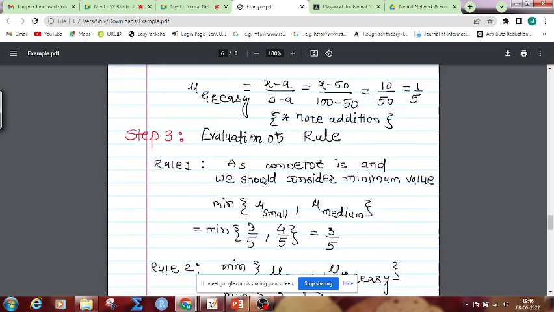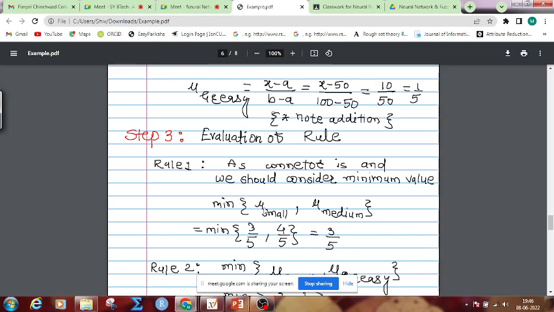Then we are going for the third step, evaluation of the rule. How are you evaluating the rule? For Rule 1, how are they connected, whether by AND or by OR? According to that, you consider the value. If you observe, in all the rules I am connecting by AND. What is the connector? It is AND. So I am going to consider the minimum membership value.